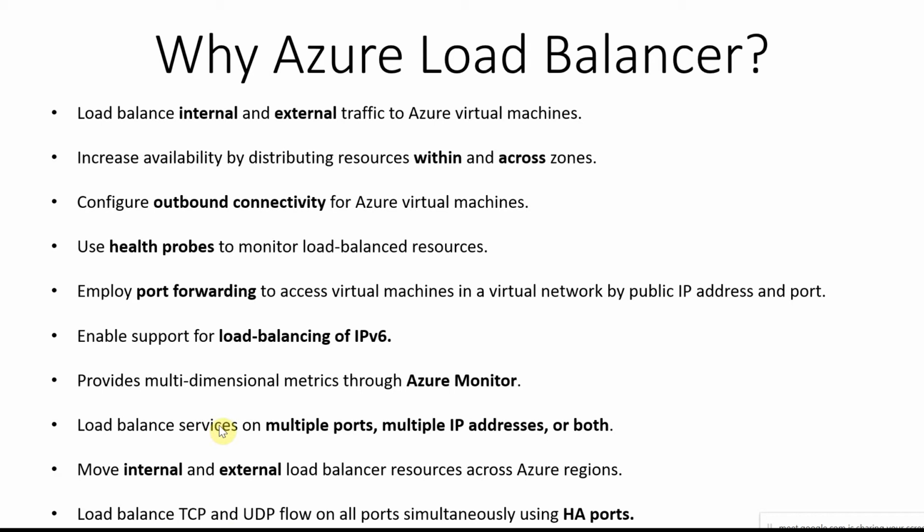So if you look at it, TCP and UDP flow are the important keywords that we need to remember. Azure load balancer is not for the HTTP protocol. It comes under networking, and it operates at OSI level 4. Level 4 in the OSI model is only for networking components, not web components.